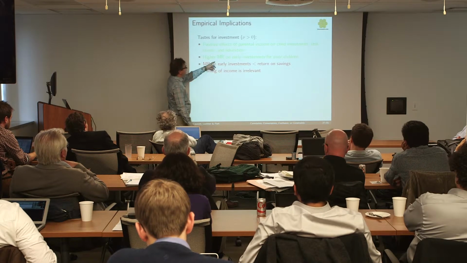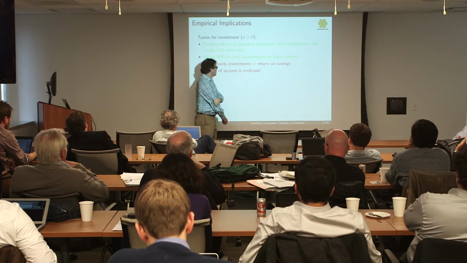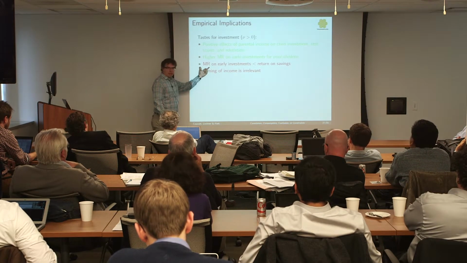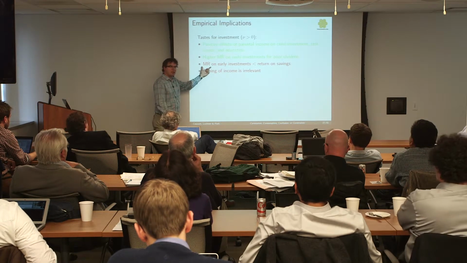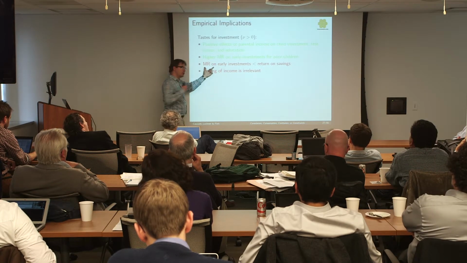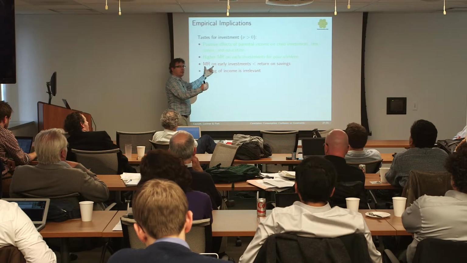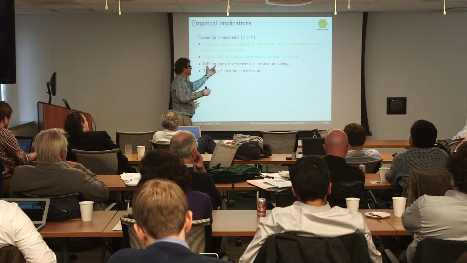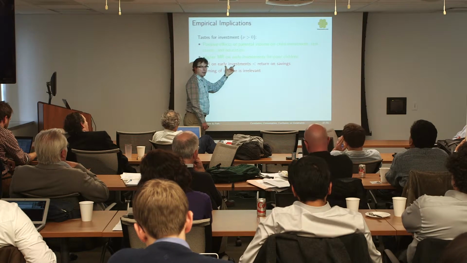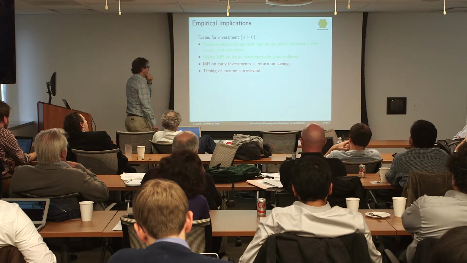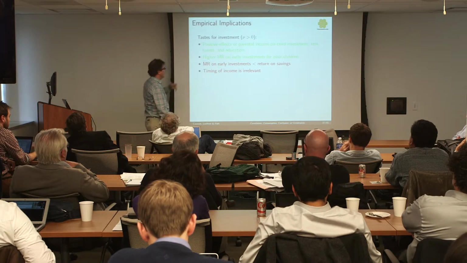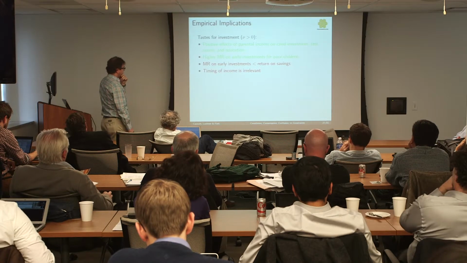It also gives you a higher marginal return on early investments for poor children, but it suggests that the marginal return is below the return on savings for everyone. It's just that poor children are closer to this return on savings, but rich parents are going to have a really low return. And again, the timing of income is irrelevant in this scenario.